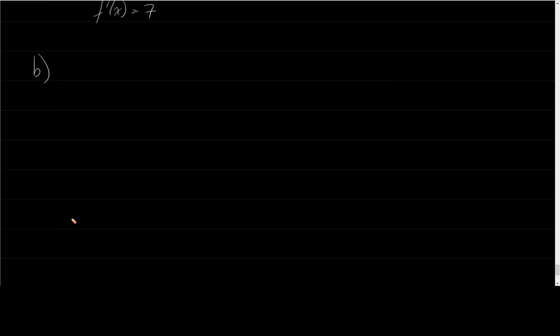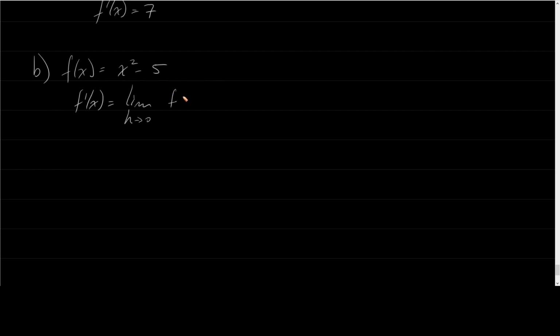Let's say that my function f of x was x squared minus 5. To figure out f prime of x, that is the limit as h approaches 0 of our difference quotient.